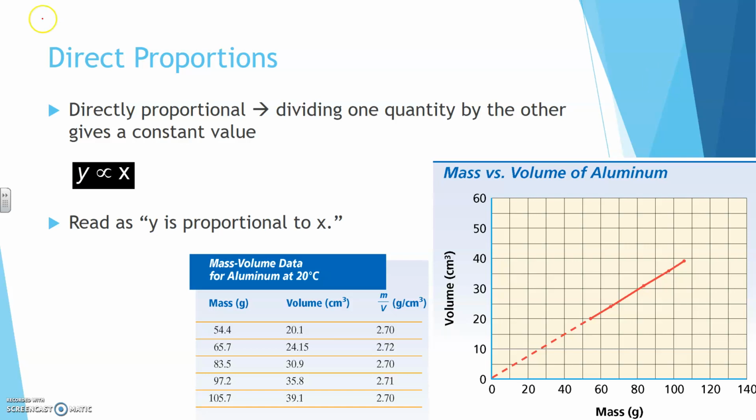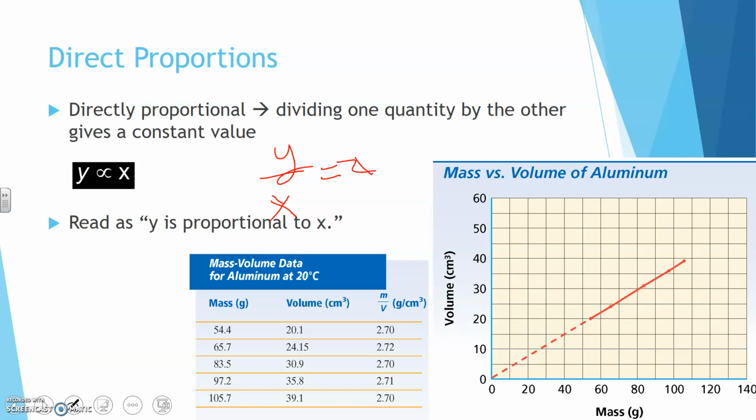I know this says it's dividing one quantity by the other and then it doesn't look like it's dividing, but basically if you do y divided by x, you're always going to get some value, let's say z.